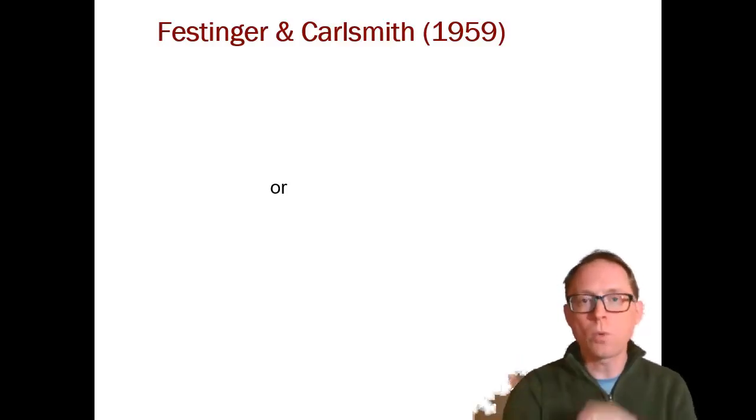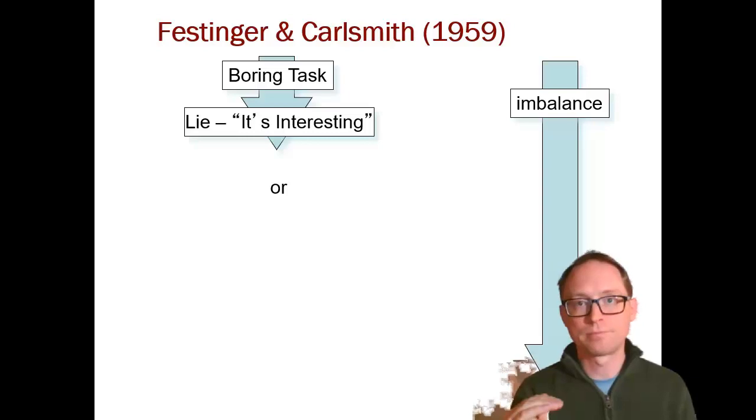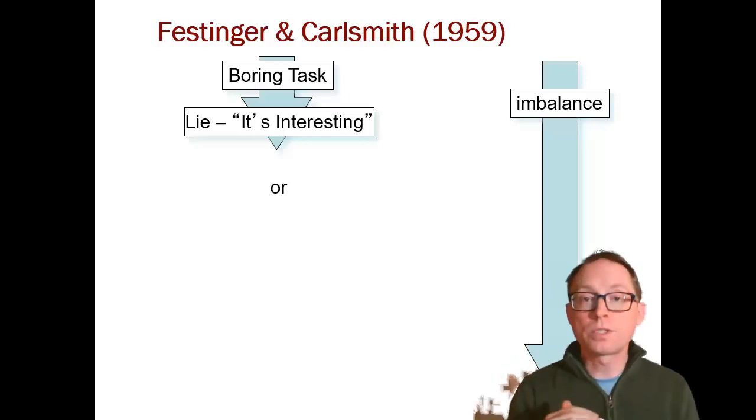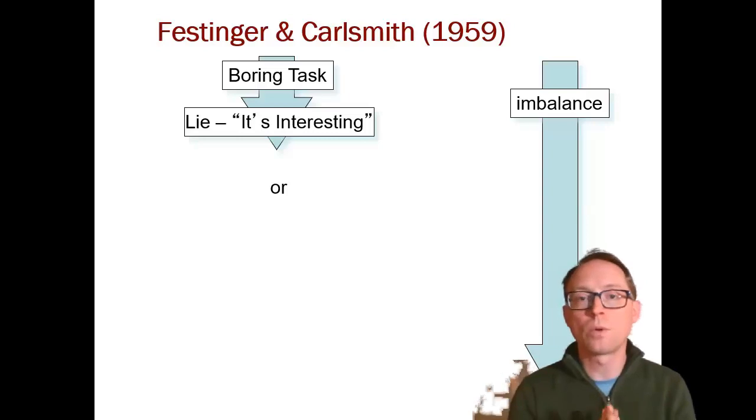Let's review what happened with the Festinger and Carlsmith 1959 study. Everyone did the boring task, and then they were told, thank you for doing this, we need you to explain it to the next participant. Everyone said they would do that.